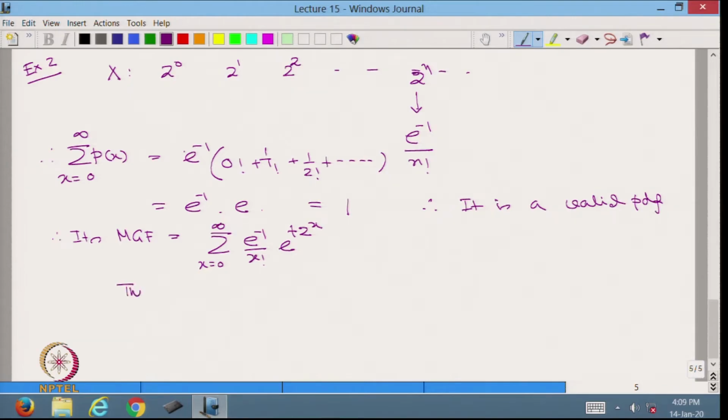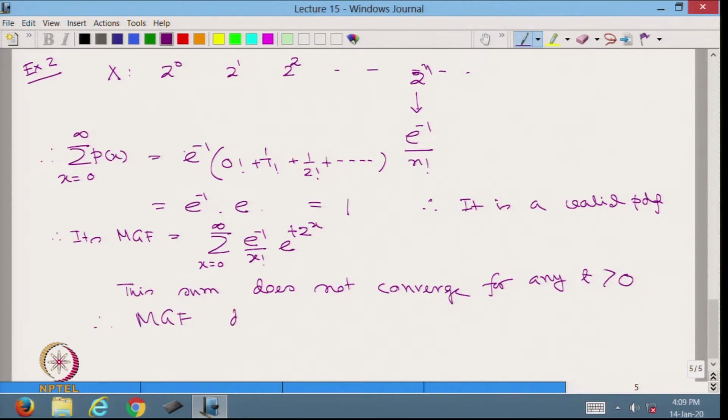This sum does not converge for any t greater than 0. Therefore, the moment generating function does not exist. Like that, we can show many examples where there are problems with respect to MGF. However, MGF is important because of its uniqueness.